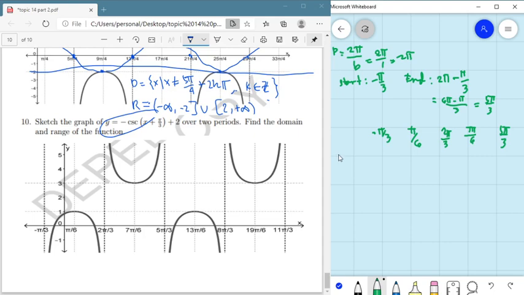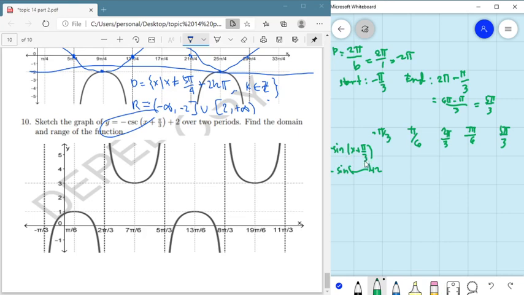And then, what we will use is sine of x plus pi over 3, and then negative sine, and then plus 2 at the end. Okay? So, we have negative pi over 3 plus pi over 3 is 0.